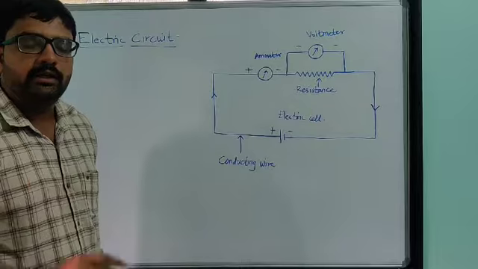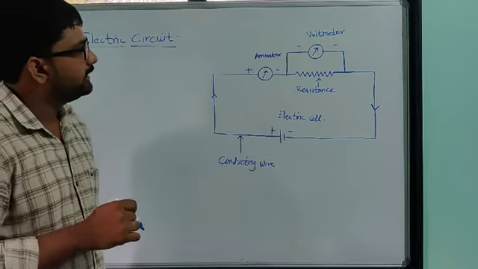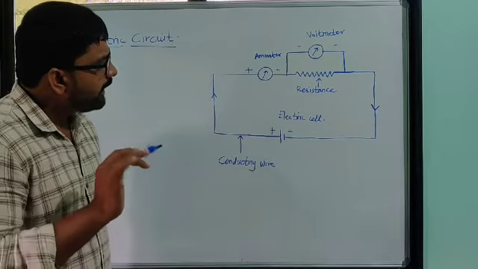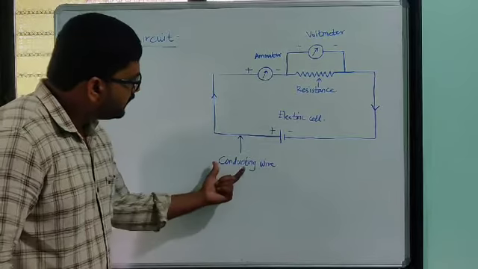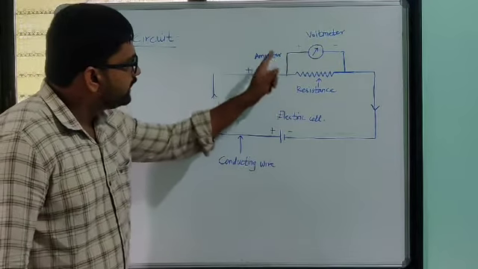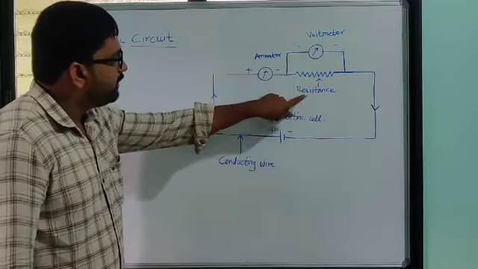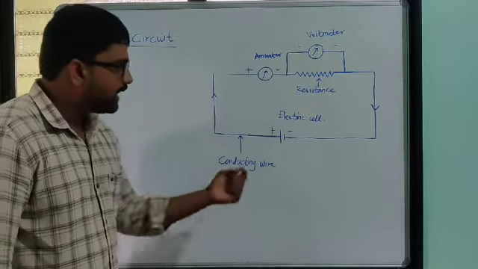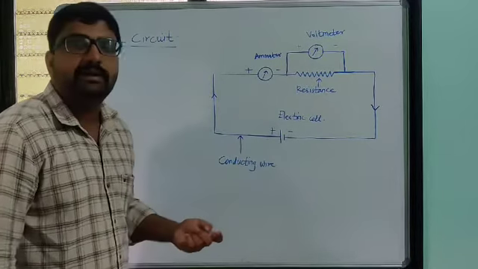So to define the electric circuit, we see that conducting wires are there, some electric components like voltmeter, ammeter, and resistances are there, and we also need one electric cell.